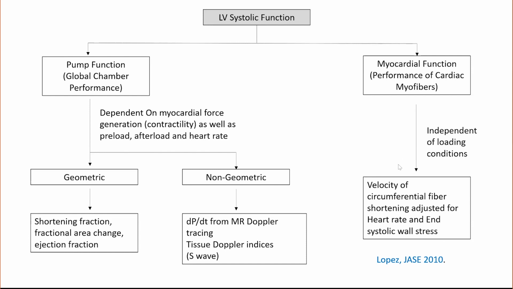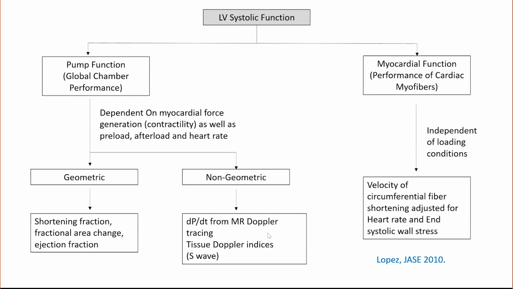The good thing with this kind of assessment is that it's independent of loading conditions, while pump function that we've been talking about is all dependent on loading conditions, on preload, afterload, and the heart rate. So it is dependent on myocardial force generation as well as the loading conditions. And pump function, we can assess two ways. There are geometrical measurements of it, and then there are non-geometrical measurements of it. Non-geometrical measurement is the dP/dT.